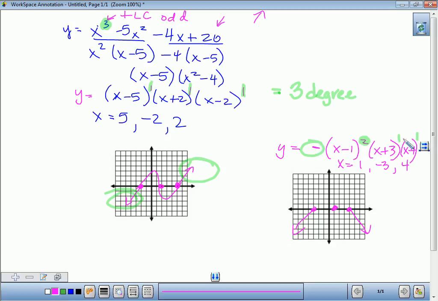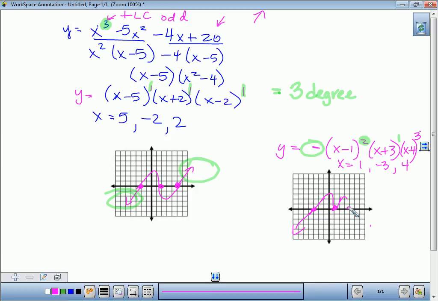At negative 3, it was to an odd power, so it's going to pass. At positive 1, it was to an even power, so it's going to bounce. And at positive 4, it was to an odd power, so it's going to pass. So pass when it's odd, bounce when it's even. Now, what if this one had been 3?